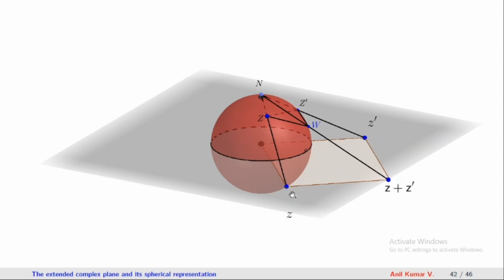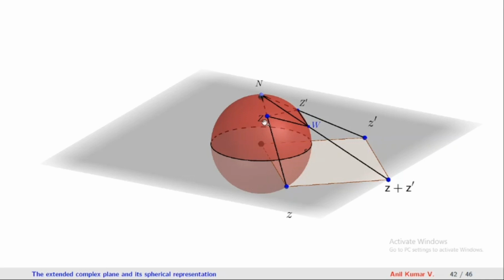That is, given 2 points in the complex plane z and z prime, we can find a complex number z plus z prime in the complex plane. So the sum is again a complex number in the complex plane, and assume that z is equal to x plus iy and z prime is equal to x prime plus iy prime.